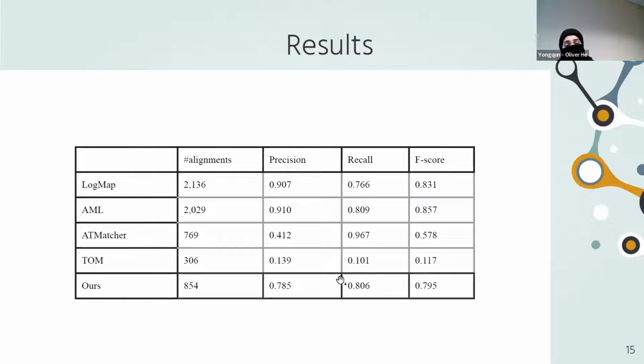It's not the best results that we have here. LogMap and AgreementMakerLight are still getting the highest results, I guess. But what we found is that we did generate some results comparable to LogMap and AML.